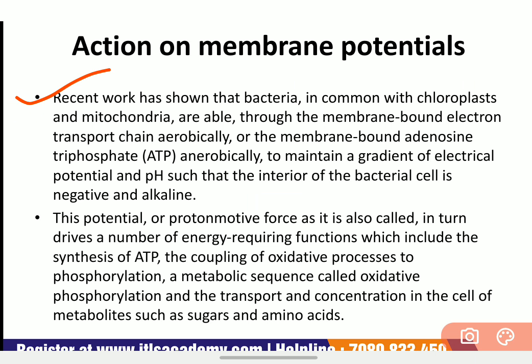Recent work has shown that bacteria, in common with chloroplasts and mitochondria, as we know that chloroplasts and mitochondria are also known as semi-autonomous bodies because they can replicate on their own.